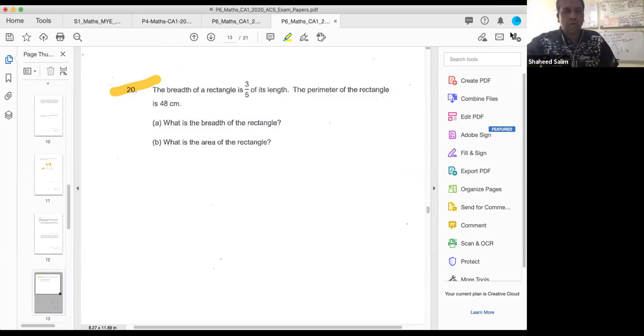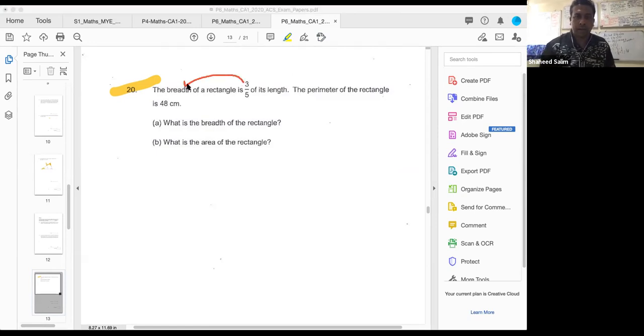You may need to draw this thing. If you draw, you can see. Right? If you draw, very simple. If you are confused what is what, remember, whenever you have this type of fractions, 3 units is for the breadth, 5 units is for the length.